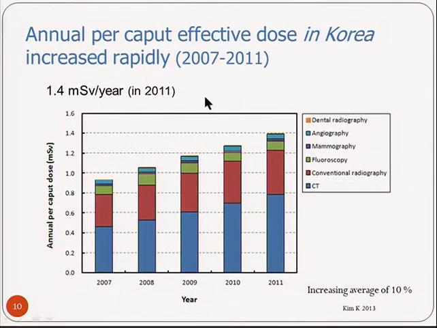The annual per capita effective dose in Korea is also increasing very rapidly, and in 2011 it was 1.4 millisievert per year per caput. But I think the real dose is somewhat higher, because, as I already mentioned, these data do not include examinations not covered by the health insurance system, so many screening data are not included in this effective dose data.